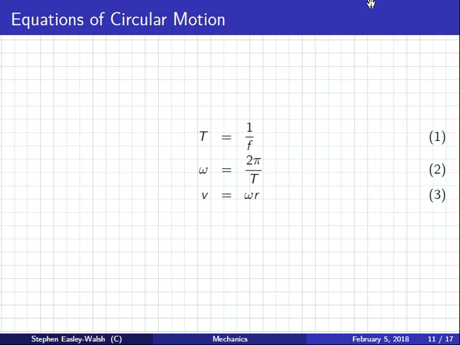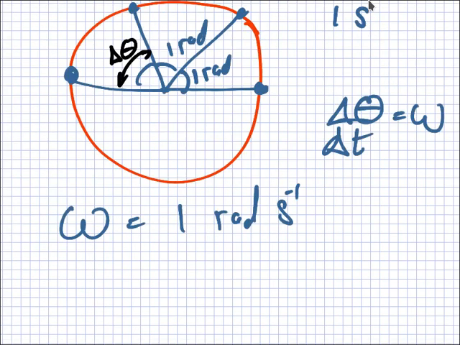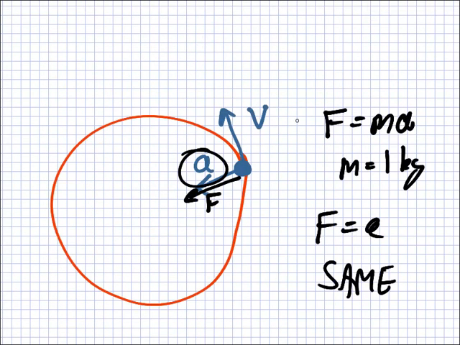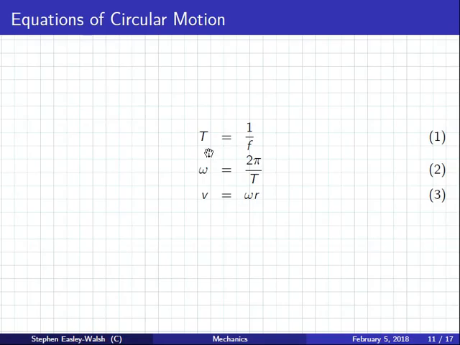V. Now just to be clear, the V is this V here. The speed equals omega r. And what's the r called? Radius.